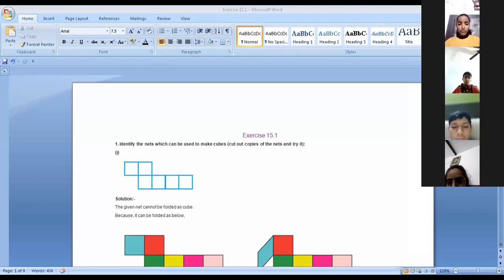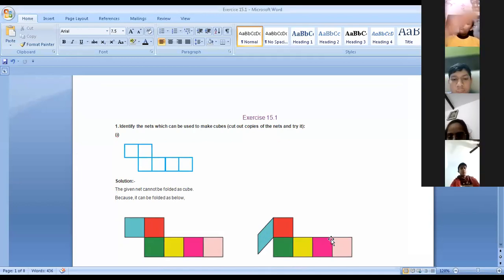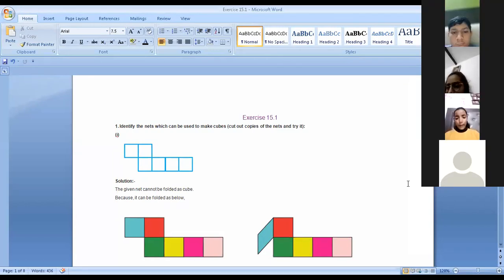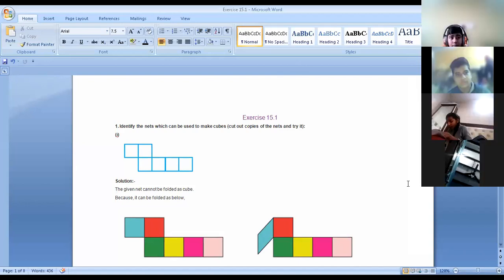When you try to fold this net, it can be folded in this way. This will go this side. Can you make a cube out of it? Is it possible to make a cube out of this net? Yes or no?